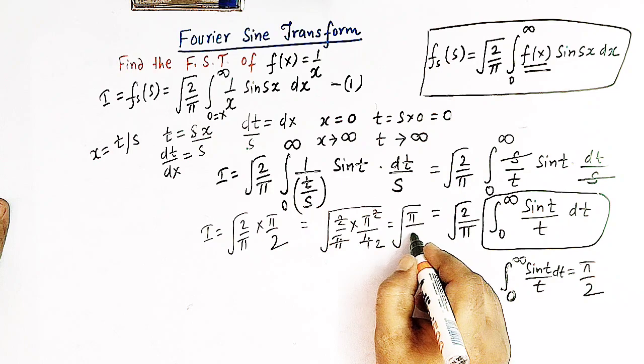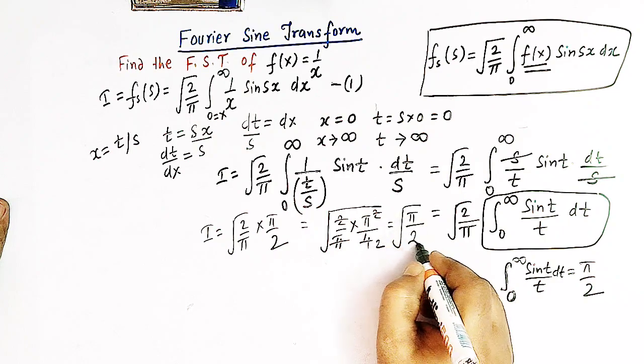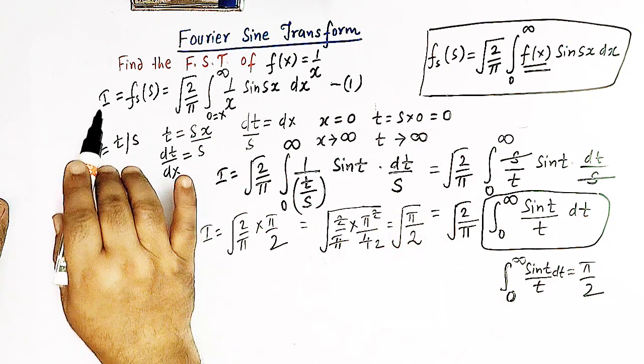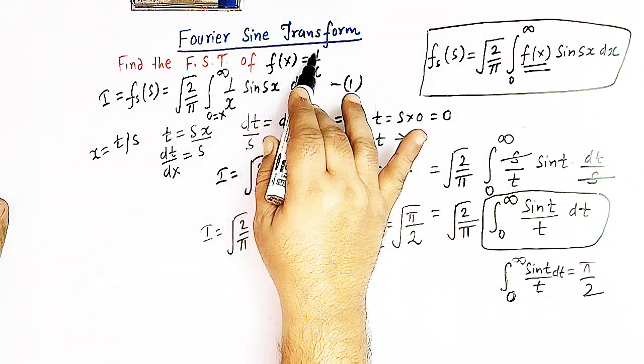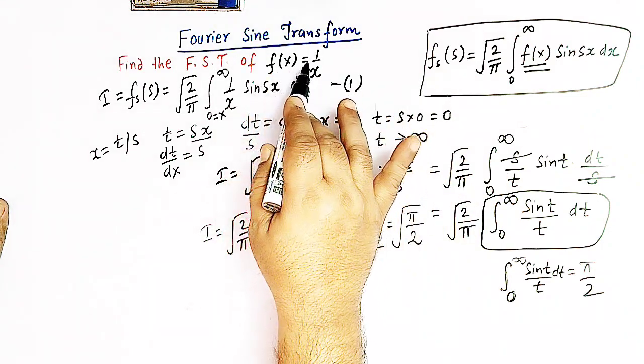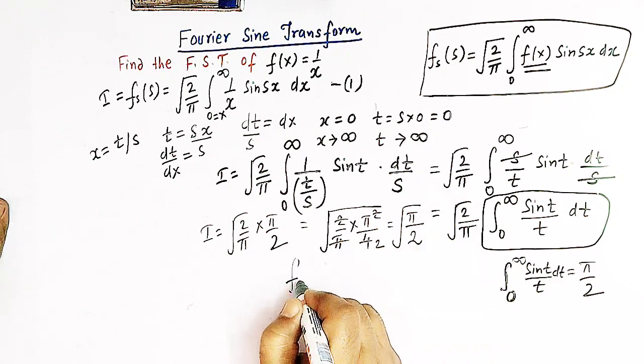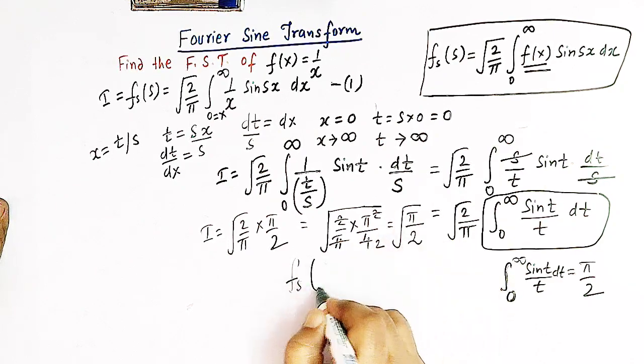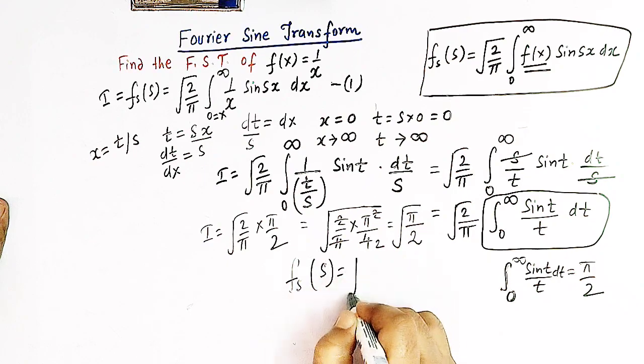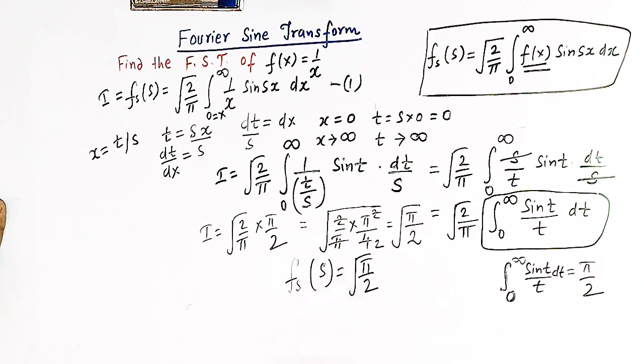So this is square root of pi over 2. Right? So the Fourier sine transform of this function f of x is equal to 1 over x is given by square root of pi over 2.